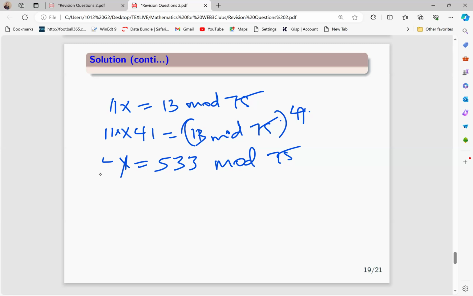So 33. Oh, itakuwa 8. So the answer is 8. So 8 is the answer.